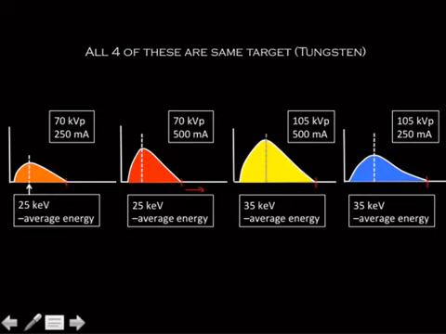Another way something could be asked about this would be just having you distinguish between this one versus that one, knowing that the maximum energy is going to stop right here. And then another way would be to ask you what the average energy would be. Remember, that's going to be between 1/2 and 1/3.